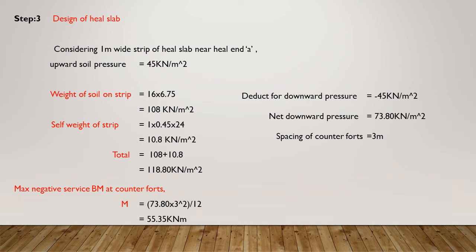So 73.80 into 3 square, where 3 is the spacing of counterforts, divided by 12, because the moment formula is WL square by 12. So M is equal to 55.35 kilonewton meter.